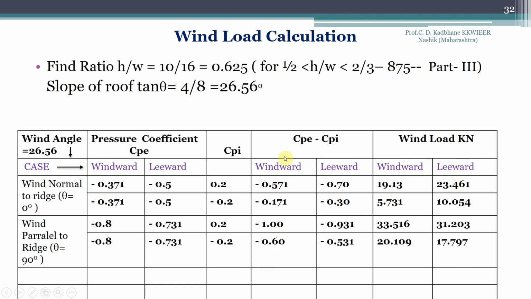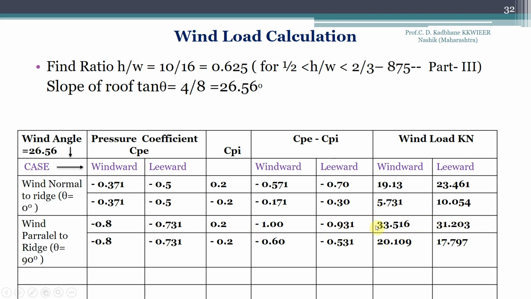From this CPE minus CPI, if you observe these two columns carefully, then you will find that this value, that is for ridge angle 90 degree, when wind is blowing parallel to the ridge, in the windward direction the coefficient minus 1 is the highest out of all these coefficients. That means minus 1 and minus 0.93 give us the maximum value of wind forces in the windward direction as well as the leeward direction.